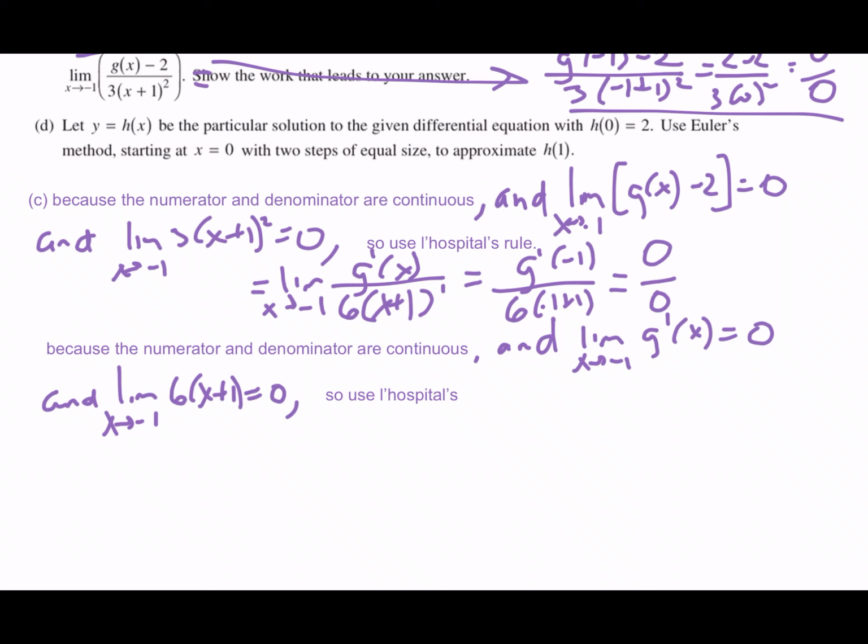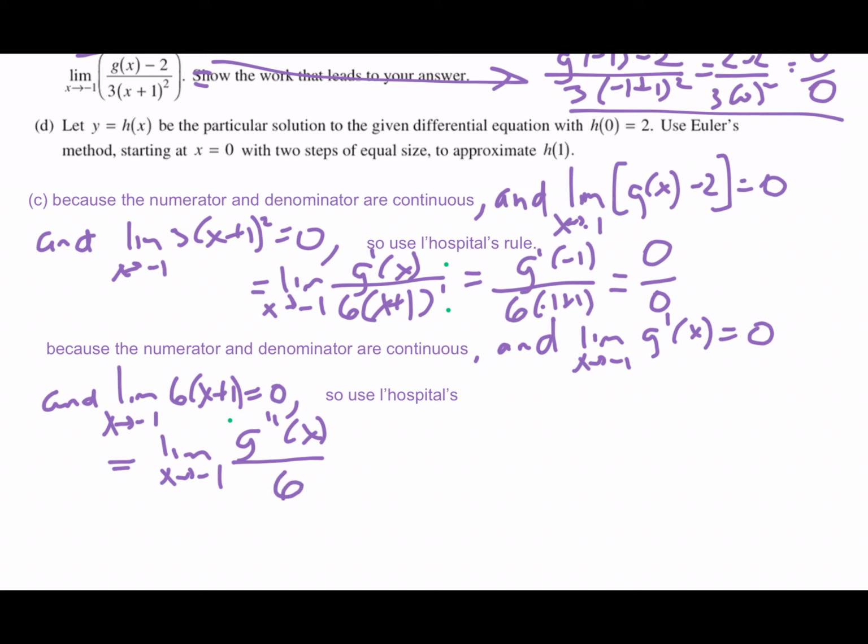So, just repeating it again, because the numerator and denominator are continuous, and the limit as x approaches -1 of the numerator, which is g prime of x, is 0, and the limit as x approaches -1 of the denominator, which is 6x plus 1, also equals 0. We're going to use L'Hopital's, and I'm going to have the limit as x approaches -1 of the derivative of g prime of x, which is g double prime of x, over the derivative of 6 times the quantity x plus 1, which is just a 6.